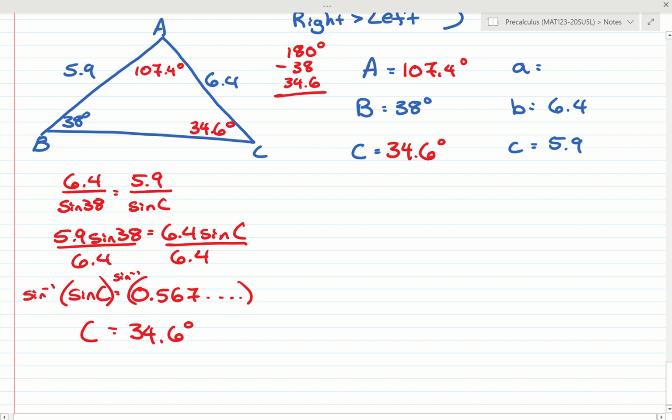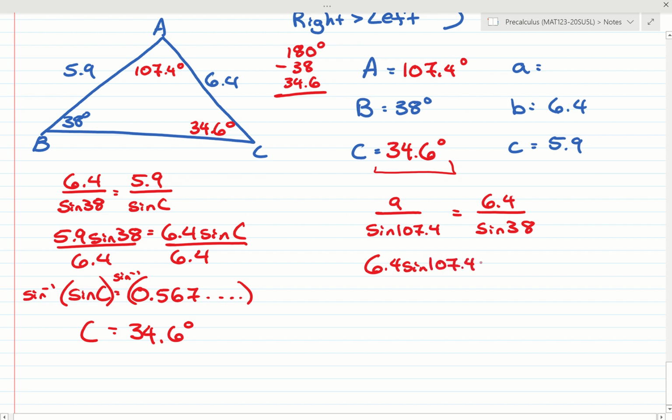And now let's go ahead and find side A. Side A over the sine of 107.4 is equal to, well, I don't want to use C because this was rounded. So let's do side B over the sine of 38 degrees. We'll cross multiply. Divide both sides by the sine of 38.